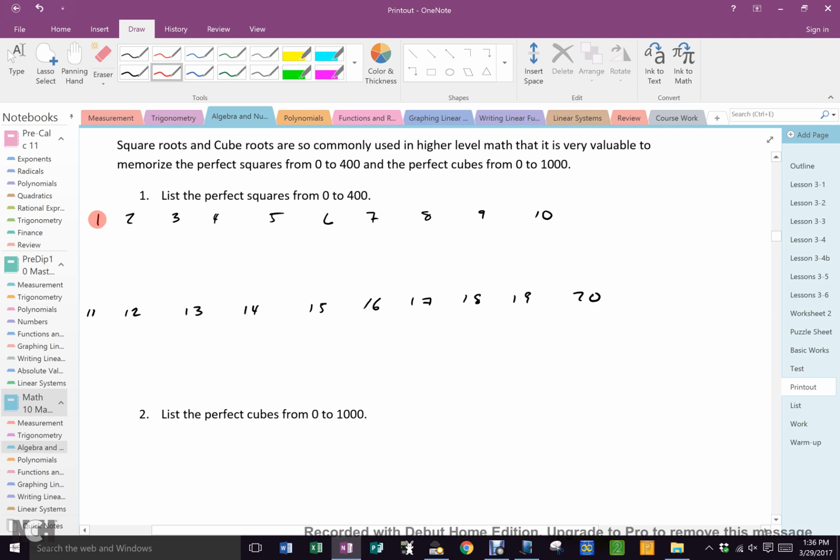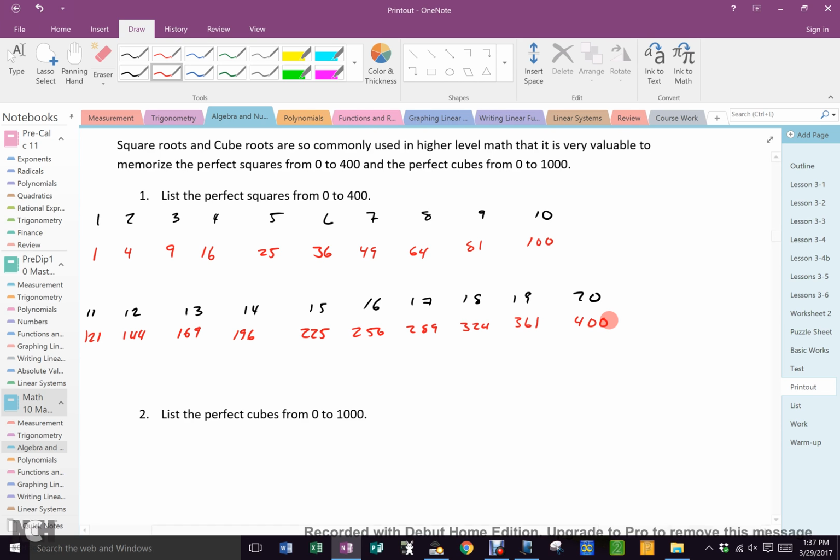Then I'm going to put in the squares. What is 1 times 1? 1. Then what? 4. Then what? And so on. Let's fill it in. See how many you know without looking up. Could anybody get all the way to 20?